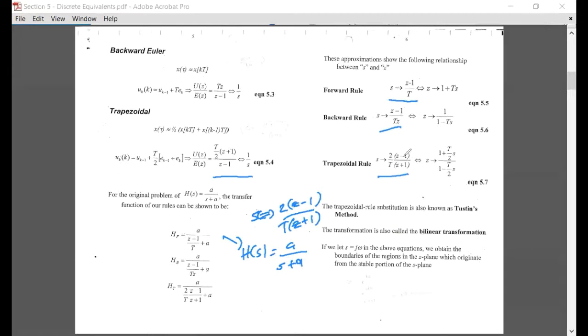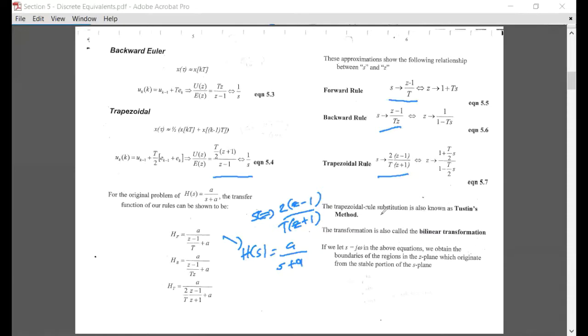And trapezoidal rule, s is equal to 2 over T times z minus 1 divided by z plus 1. So we can substitute in place of s those quantities, and our H of s becomes H in terms of z using those three rules: forward, backward, and trapezoidal.